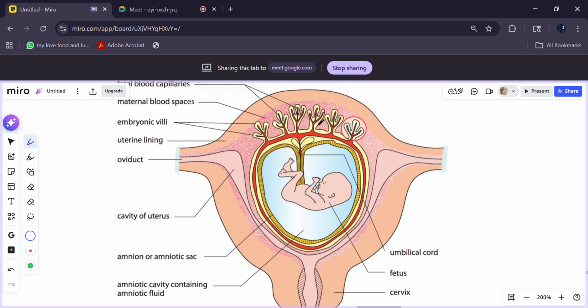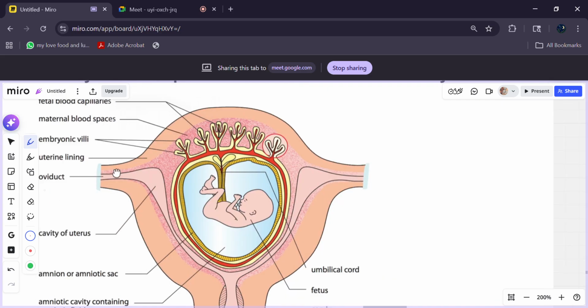Also, the blood group of the fetus may not be the same as the mother's. If the fetus and the mother have different blood groups and the two blood systems were allowed to mix, the antibodies in the mother's blood may cause the fetus's blood cells to agglutinate, and this would be dangerous to both the mother and the fetus. This also prevents potentially harmful substances or pathogens from entering the fetus's blood.